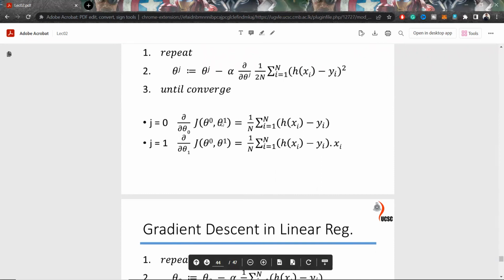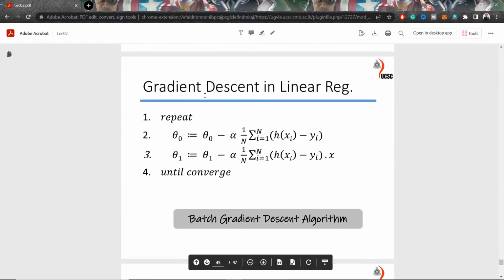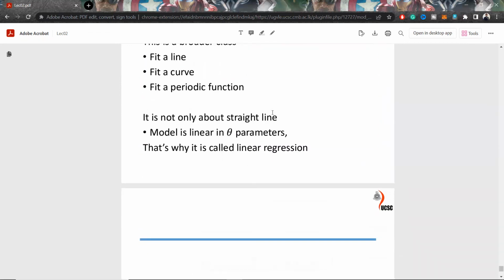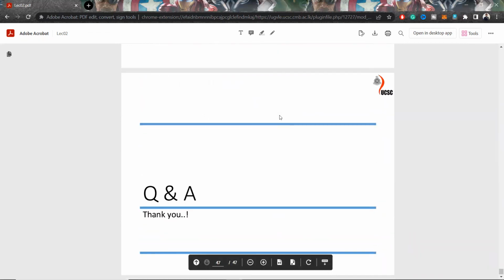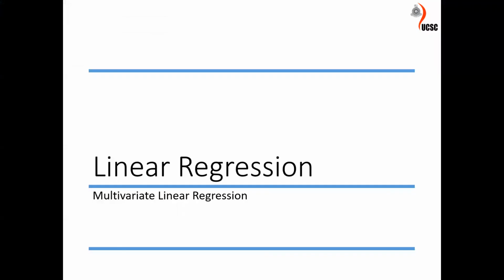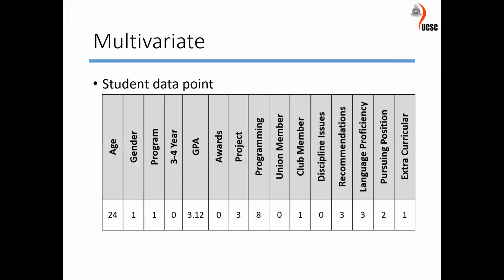So we partially differentiate the cost function with respect to theta 0 and theta 1, right? Then we can update theta 0 and theta 1, right? So that's the basic idea of simple linear regression. Today we're going to discuss multivariate linear regression.